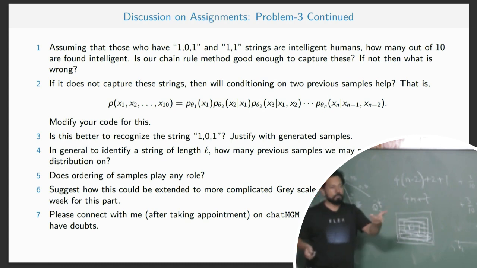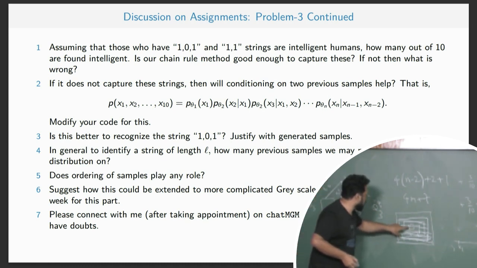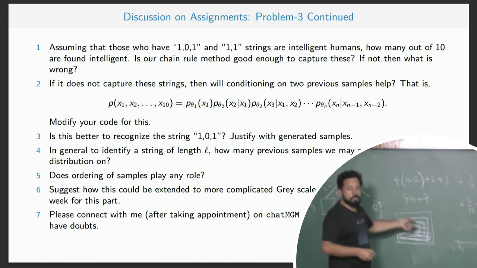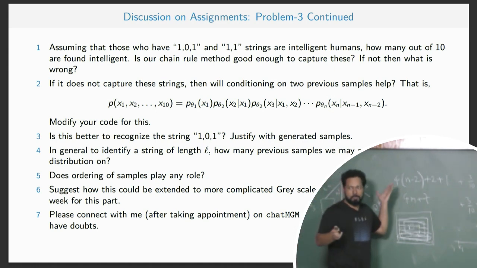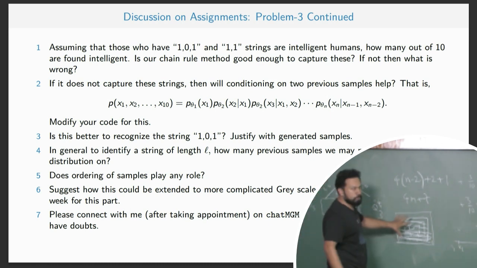Because it will create different dependencies. Here the dependency of this one is on this one, and here the dependency on x1 is here, x2 is here, x3 here. So which one is good? Can you extend this to a patch based method? Small patches. So many things could be done just in this framework.